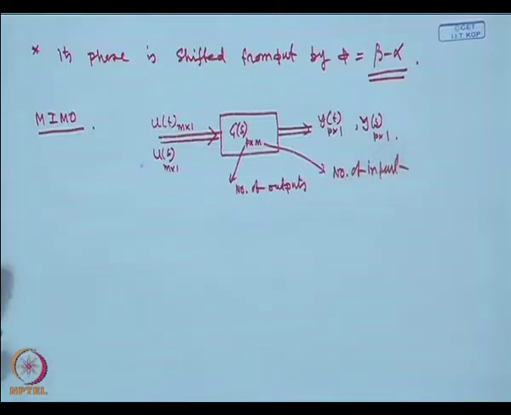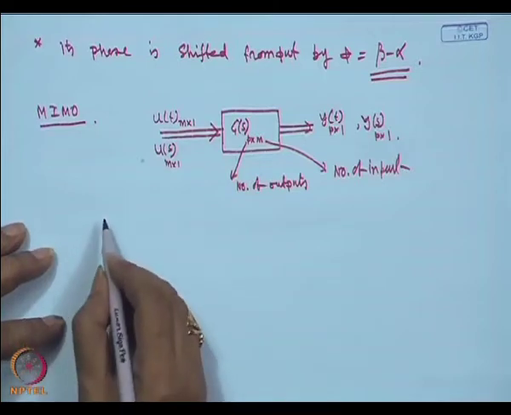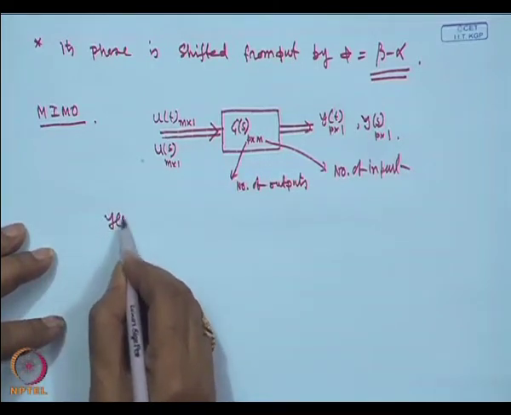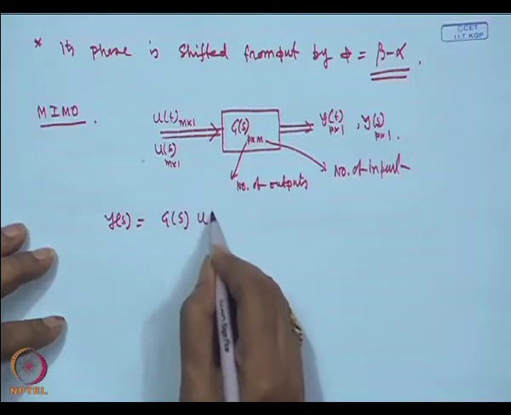So, if you write the input output relation, we can write Y(s) is equal to G(s) into U(s).